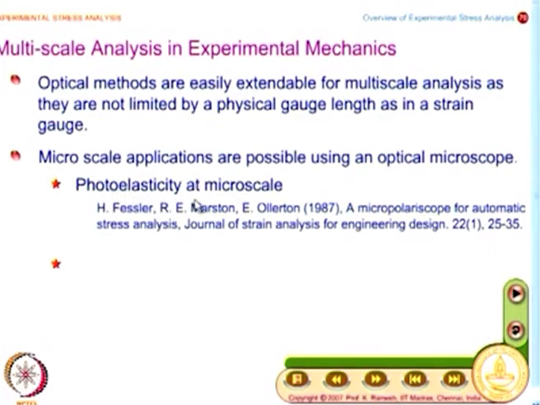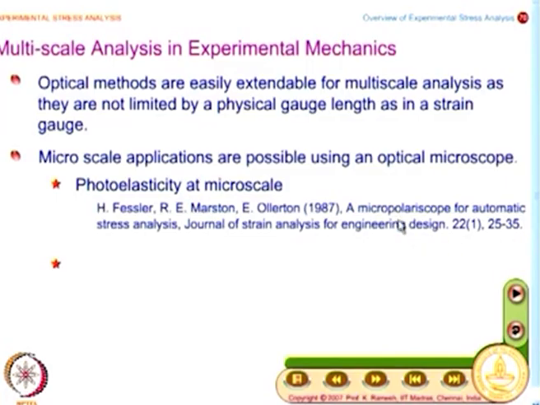So, photoelasticity at micro scale, you have H. Fessler et al. It was published in 1987, and you have a micropolariscope for automatic stress analysis. This was published in Journal of Strain Analysis for Engineering Design. You just write it as JSA, and the issue number and page numbers are noted.